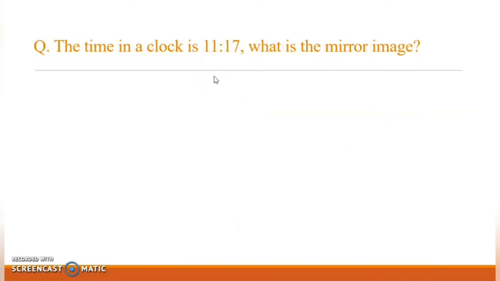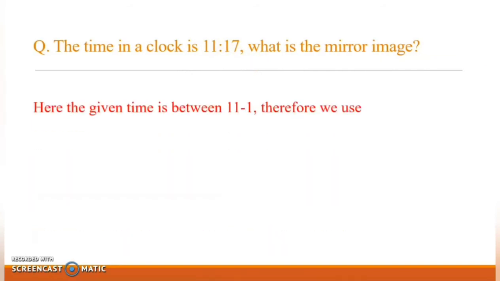Next, look at this problem. The time in a clock is 17 minutes past 11. I need to find the mirror image time. Here, the time is between 11 and 1. Therefore, we use the second formula. That is, mirror image time plus real time is equal to 23 hours and 60 minutes, that is 24 hours.